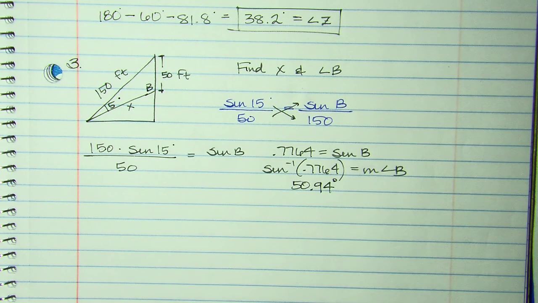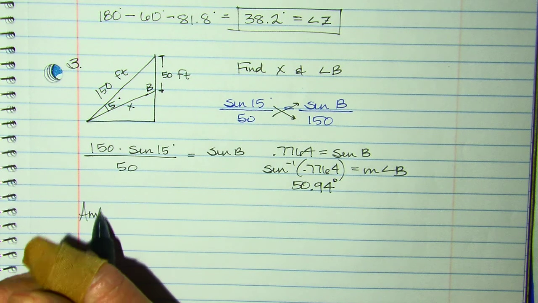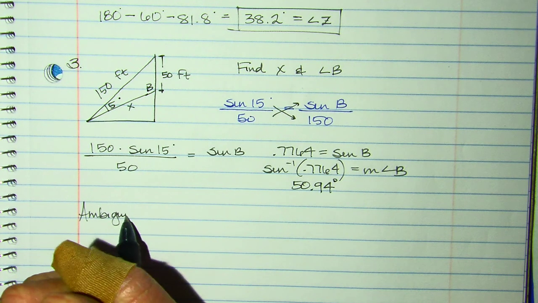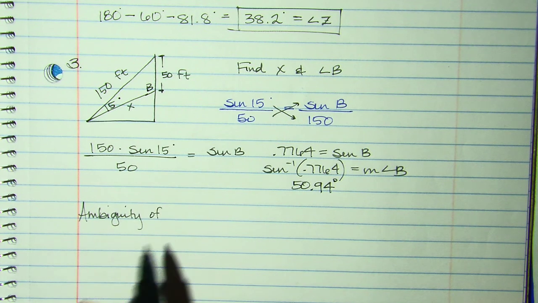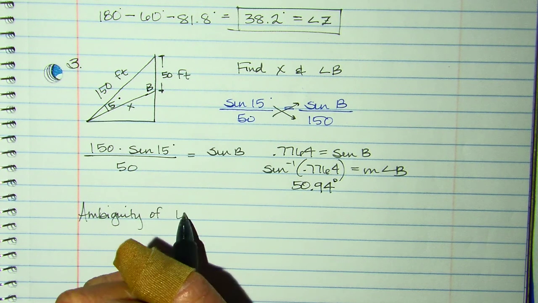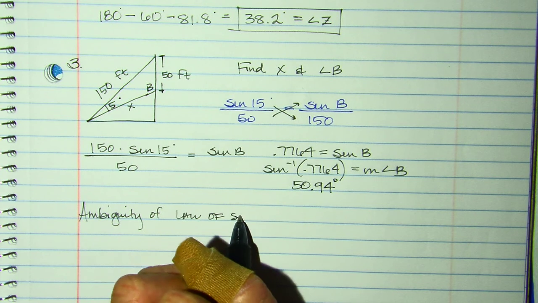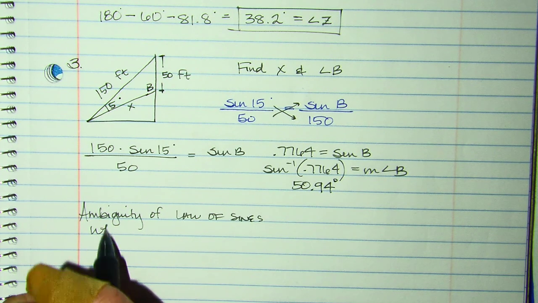So sine inverse of the decimal we got, I get 50.94 degrees. Now, this section goes over the ambiguity of the law of sines when finding an angle.